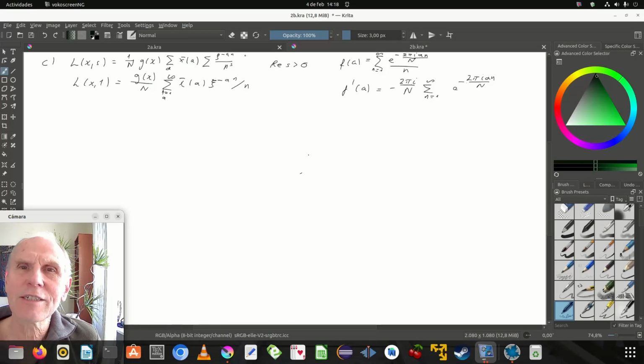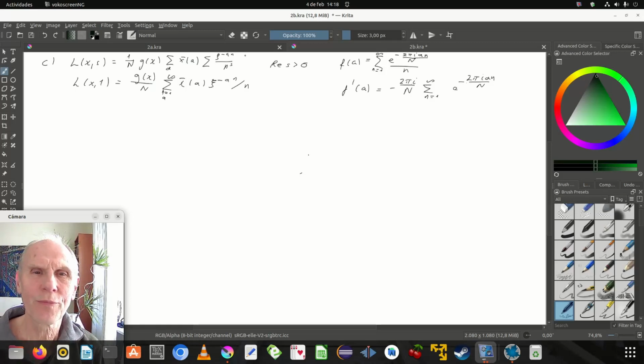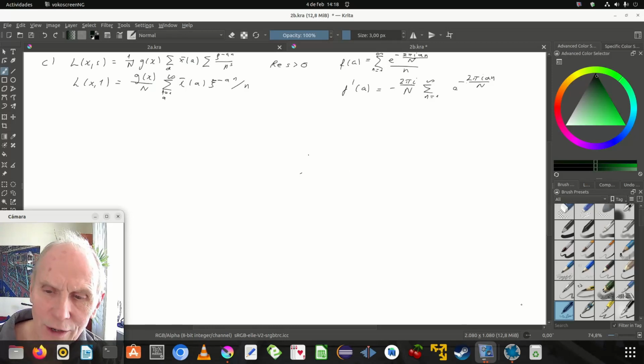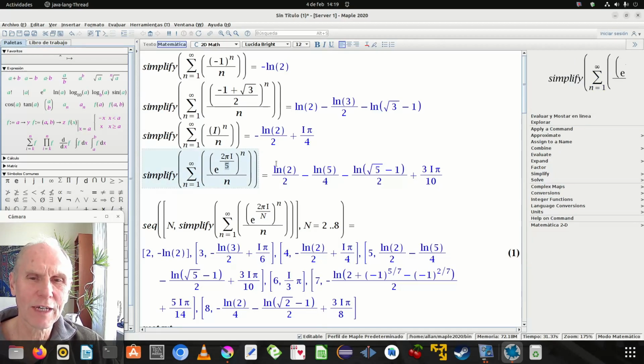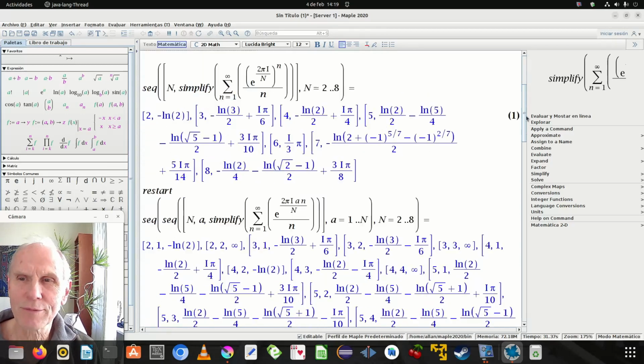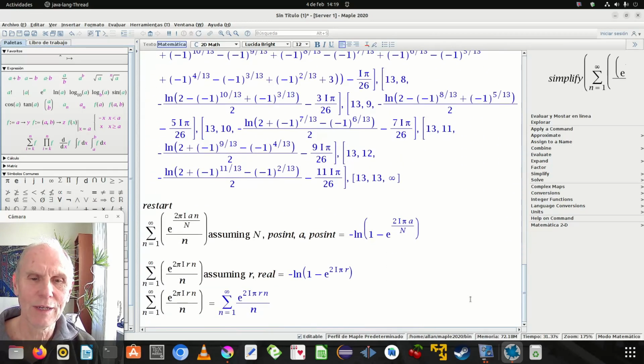A day has gone. It's now February the 4th. I looked at a lot of examples using Maple, and it seemed to be able to compute this infinite sum. Here we have n equals 2, capital N equals 3, capital N equals 4, and 5, explicitly written. And it seems to know the sum. It can even do it in general, assuming R is real.